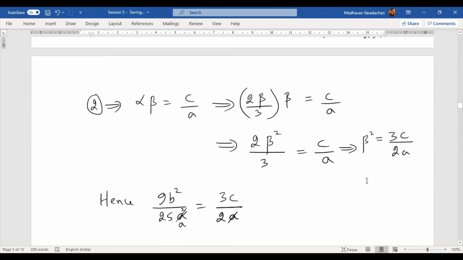So what are we trying to find out now? Let me rewrite it by cross multiplying. We will have 18b square is equal to 25 times 3, that is 75 times AC.